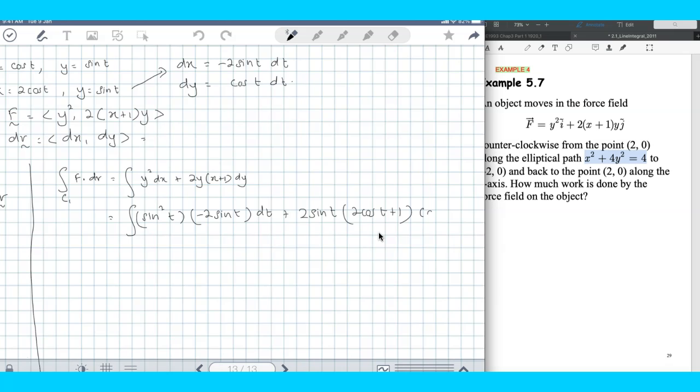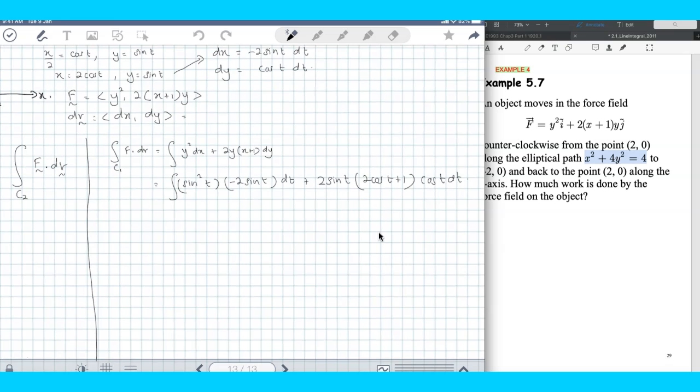cos t dt. Okay, so then we have to simplify.